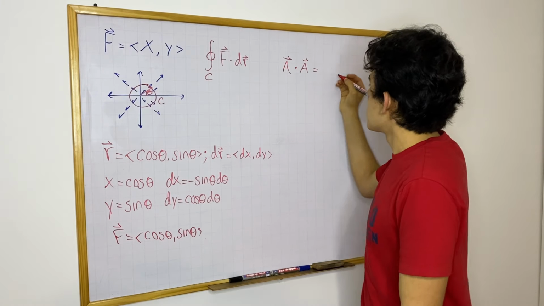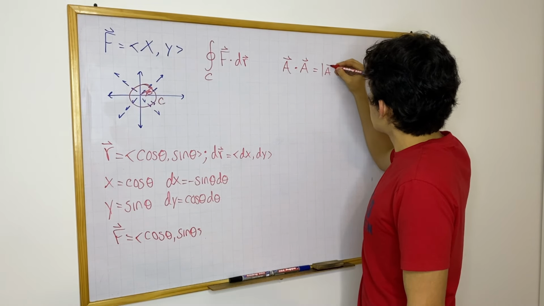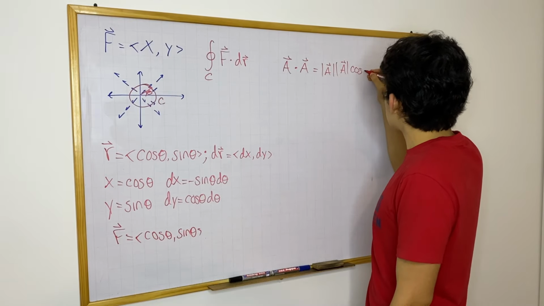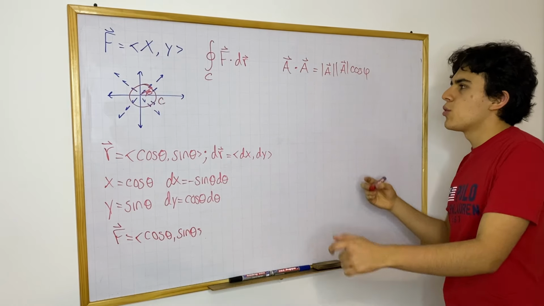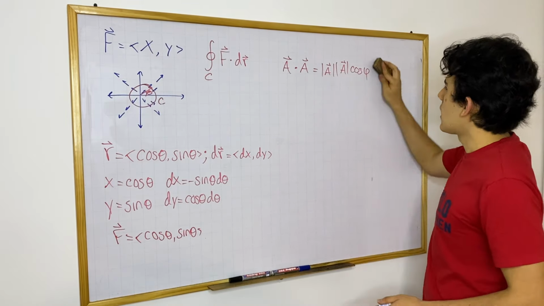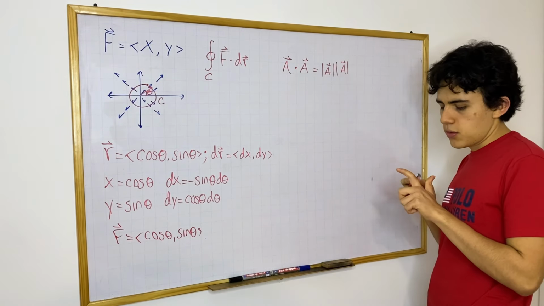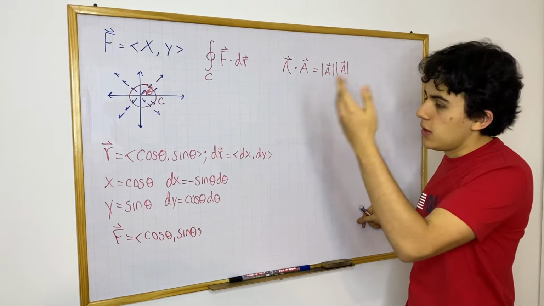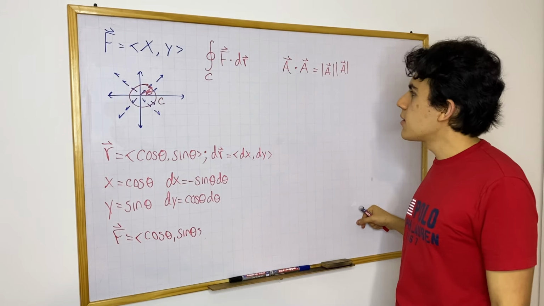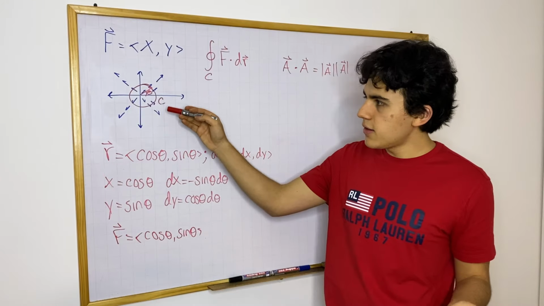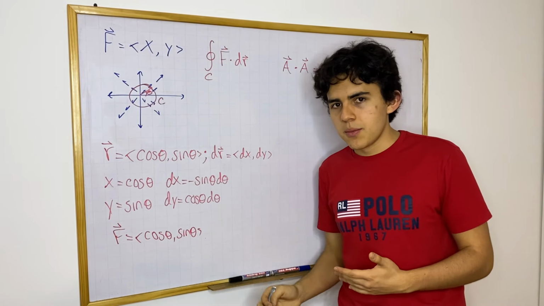You know what you're gonna get: the magnitude of A times the magnitude of A times cosine phi, where phi is the angle between the two vectors. But this happens to be 1 because phi is 0. So then you have the magnitude squared. Now let's see what happens if we get that, okay? Do you think we're gonna get a number out of this? Do you think this line integral will be equal to a number?